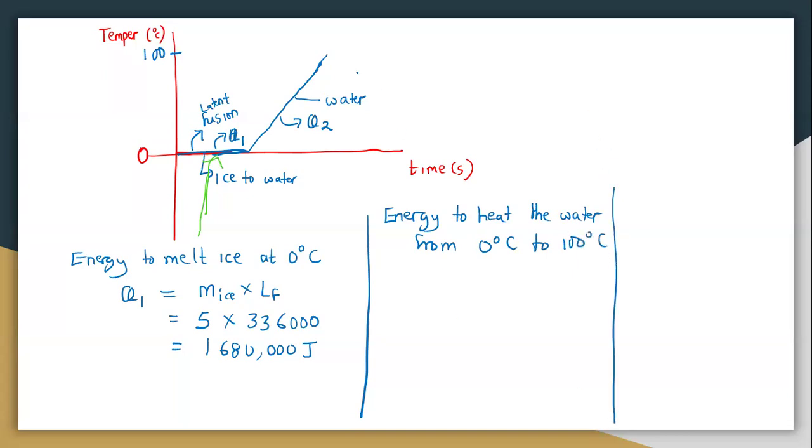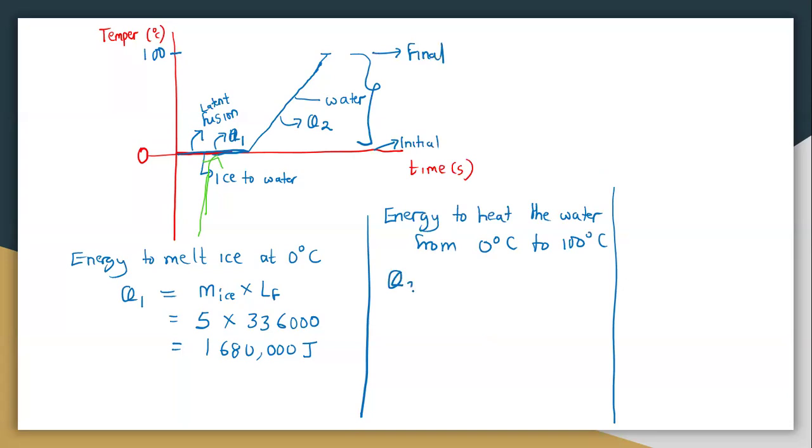Now, in order for us to get that quantity of heat, here we note that our initial temperature is 0. Then the final temperature for the water is 100. This is the final temperature here.